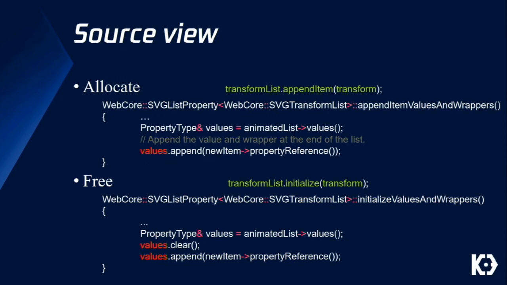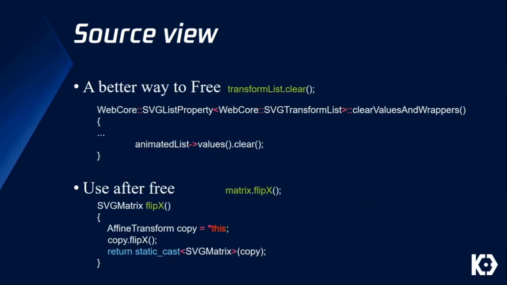As you can see in the function initialize, a new memory buffer is allocated immediately after the old buffer is freed, which makes the exploit more difficult. So in our exploit, we use the function clear instead of the function initialize.